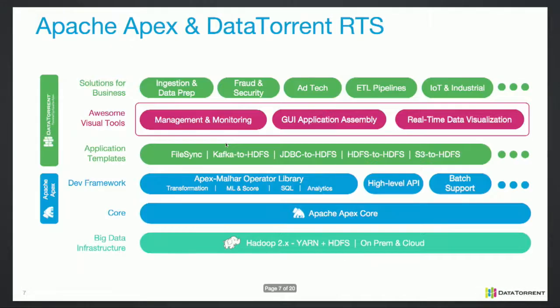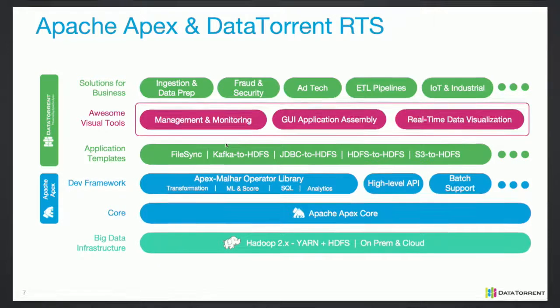So if we look at Apache Apex and where DataTorrent RTS fits, as we mentioned, Apache Apex runs natively on the Hadoop cluster. Above that, you'll find the Apache Apex core runtime and the library of operators that I mentioned earlier.